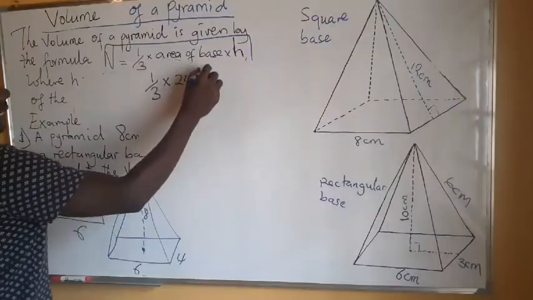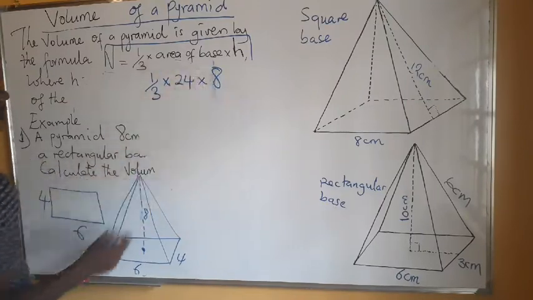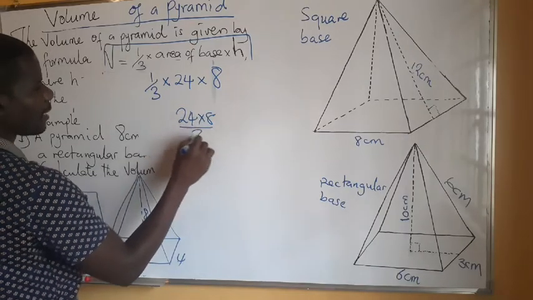Then multiplied by the perpendicular height. The perpendicular height in this question has been given as 8. So we just need to work out 24 multiplied by 8 divided by 3.